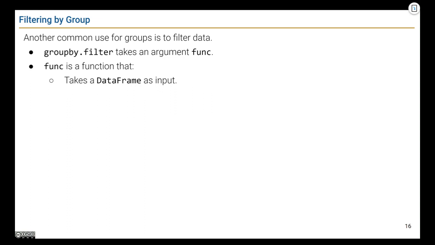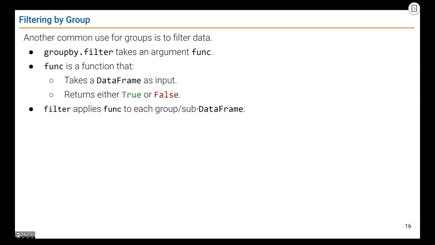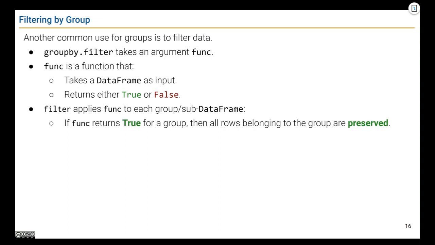It has to take a data frame as your input, and it has to return a Boolean output. So let me give you an example. I'll explain the caveat that this is going to apply the function to each sub-data frame. And then if you get a True for a group, all rows belonging to that group are preserved.